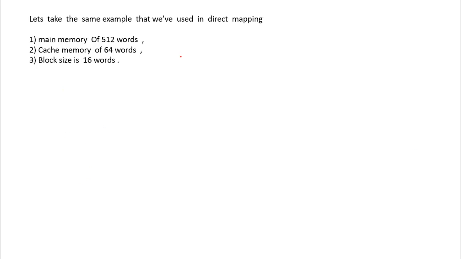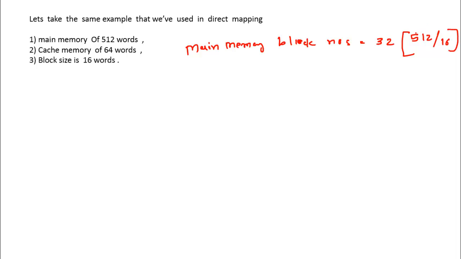Let's first count the main memory block numbers, which will be 32, and this we can derive by 512 divided by 16. Here 512 is the main memory words and 16 is the size of one block, so naturally 512 divided by 16 gives me the number of main memory blocks.